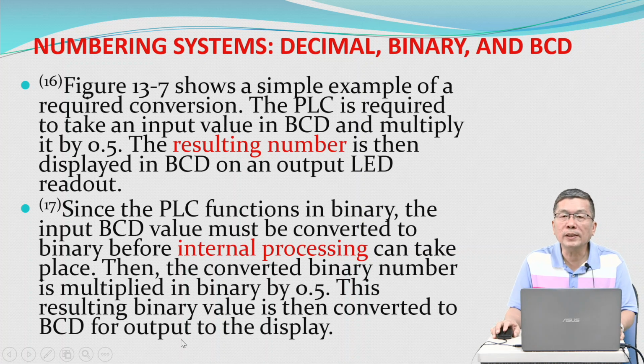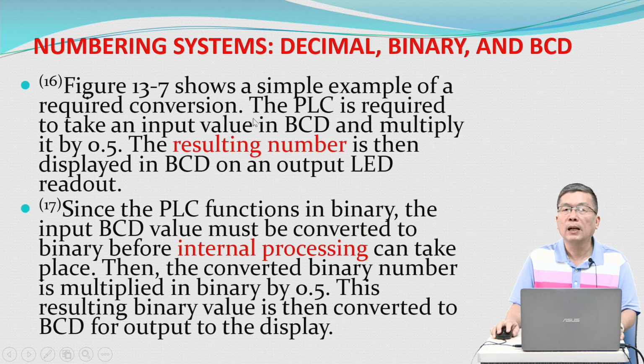Figure 13.7 shows a simple example of required conversion. The PLC is required to take an input value in BCD and then multiply it by 0.5. The resulting number is then displayed in BCD on an output LED readout.